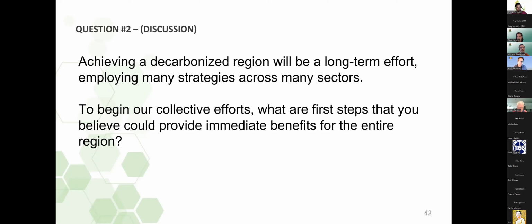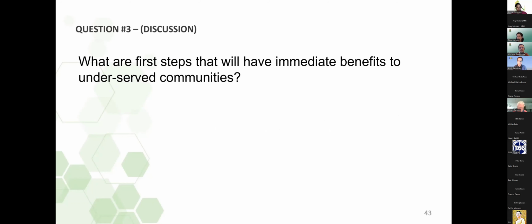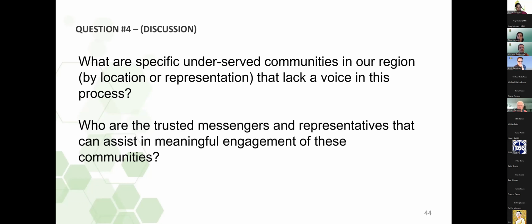I'll give an initial response and see if Elise has something to add about the modeling itself. As you mentioned, Andy, we are at the stage of having completed a technical analysis that shows the pathways for getting to zero carbon emissions in 2045, which is what the IPCC recommends for our region, for each of these key emitting sectors in terms of the trajectory over time.